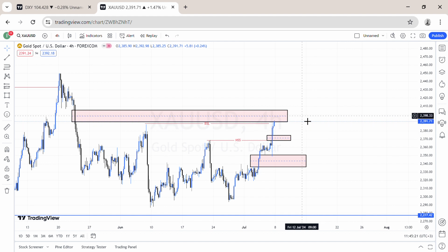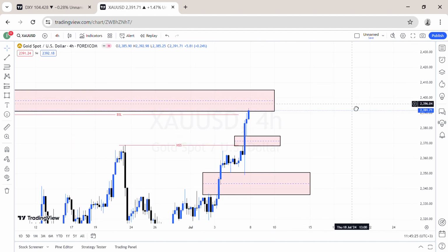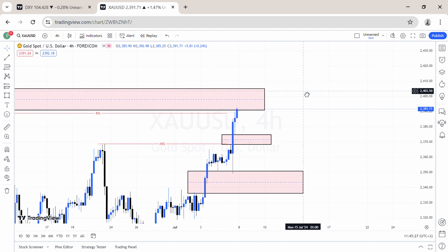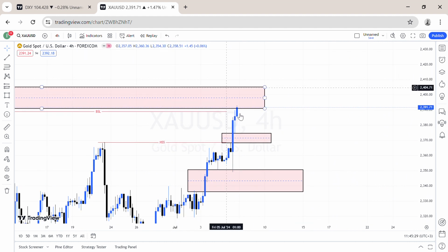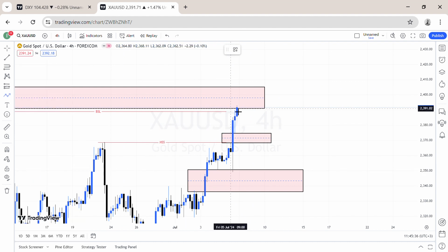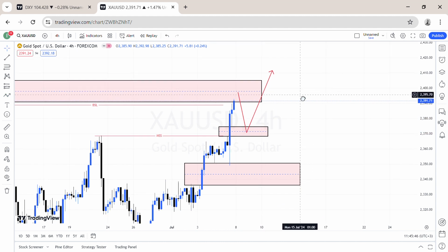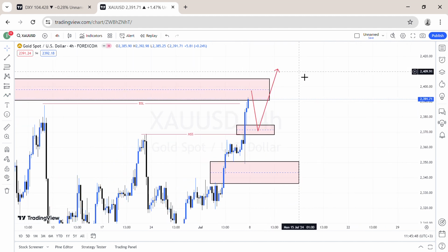But considering this, if this zone will resist the price, the price will trade back from that zone to fill this imbalance and then trade back high. That is the expectation on gold.